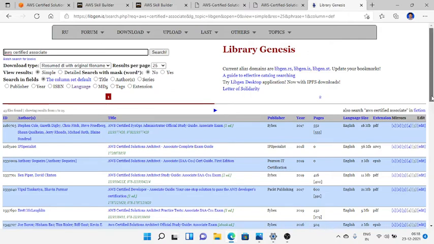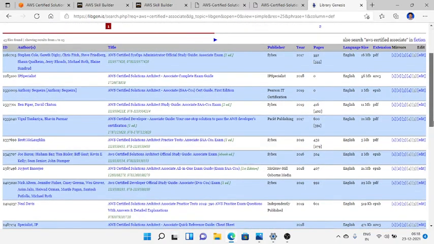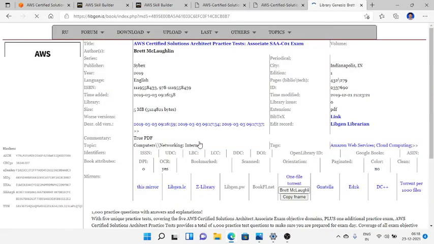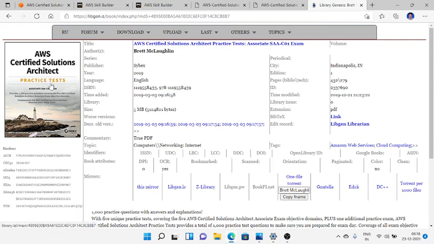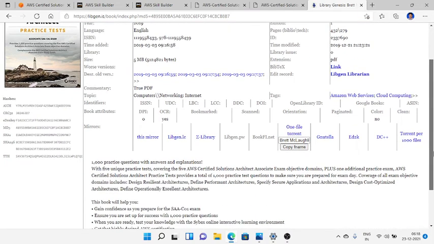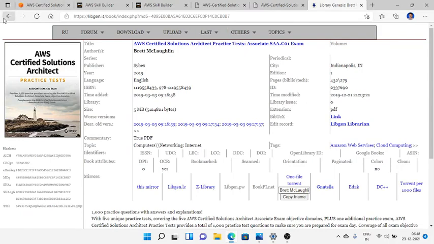Here, one book I will download and show you. See, AWS Solutions Architect practice tests for SAA. Just the practice tests I am downloading. This type of material you should get.